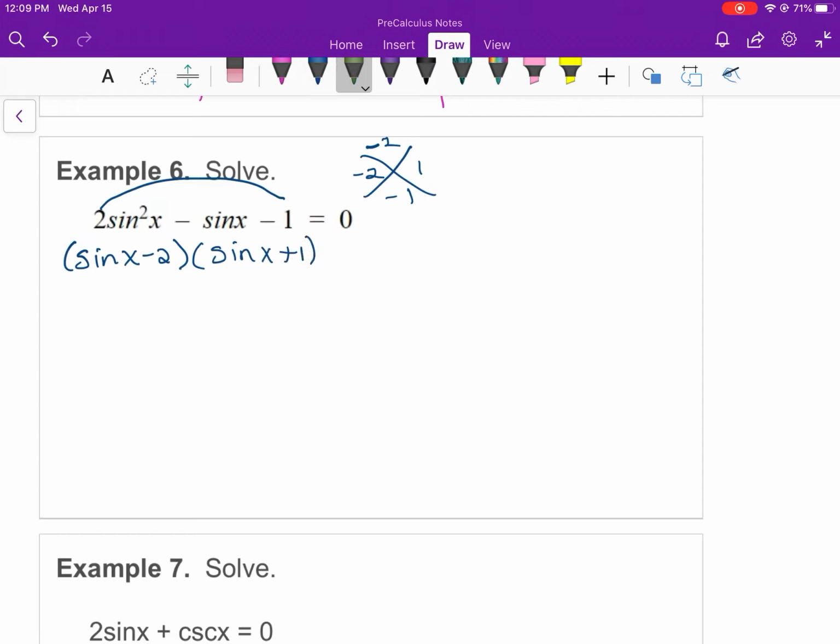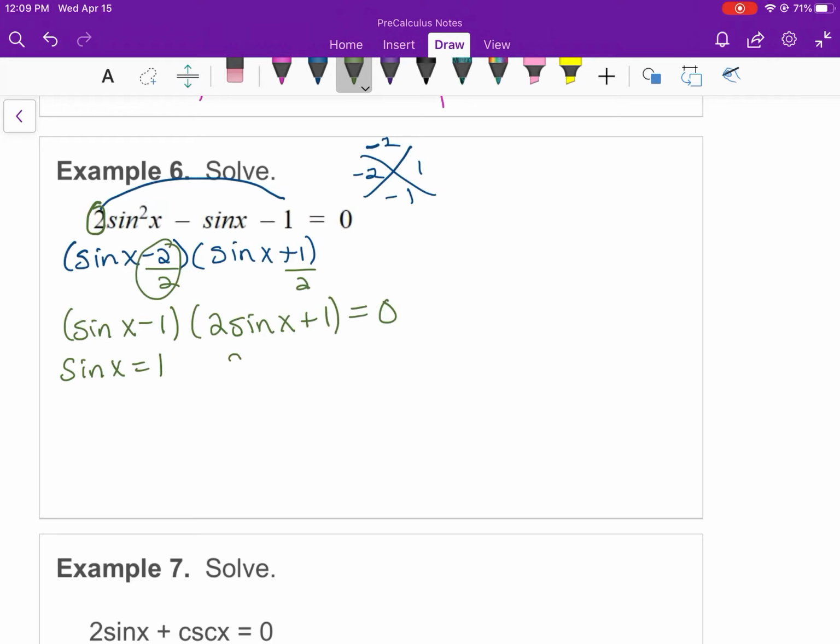And then because there's a 2 right here, we'll divide everybody by 2. We'll reduce this fraction. And then we're going to go ahead and solve each factor. Set them equal to 0.